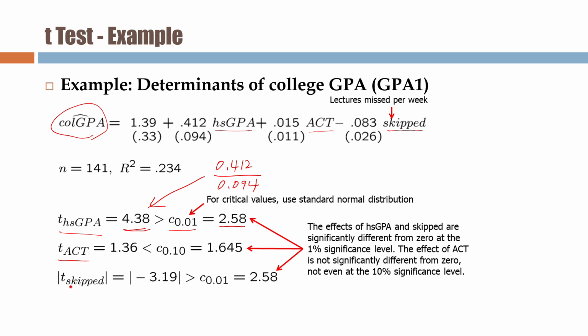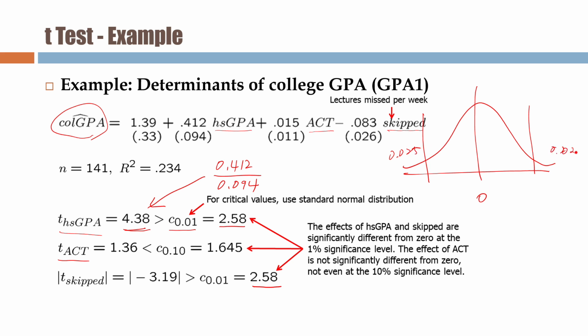Okay, here is also why there is an absolute value: the critical t on the other side. This is 0, and exactly the same, 0.025 here and 0.025 here, and this value is t, then this is minus t, so it's exactly symmetric on both sides.